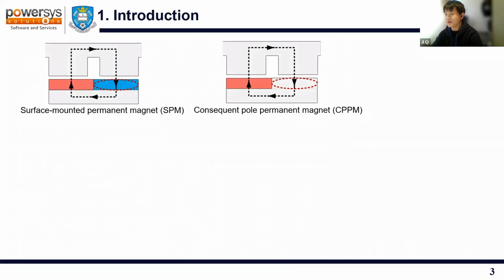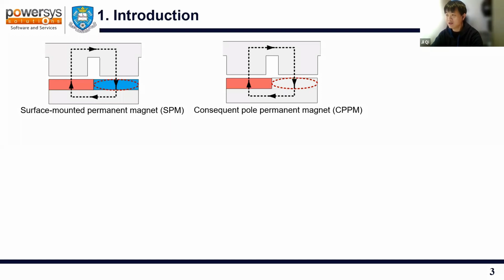Firstly, let me introduce the consequent pole structure. It comes from the conventional structure like the SPM machine shown in the left side. By replacing the alternate magnet with the iron pole, we can get the structure shown in the right side. This is the consequent pole structure. The black dashed line shows the flux path under one pole pair.